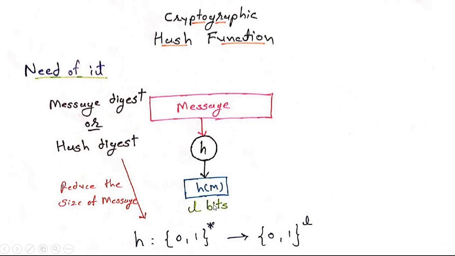We can transmit our message with a fixed number of bits, and this output is known as a hash digest or a message digest. It means that by applying the cryptographic hash function on any arbitrary message of any specific length, we get a fixed number of bits of message, and this message is known as a message digest or hash digest.